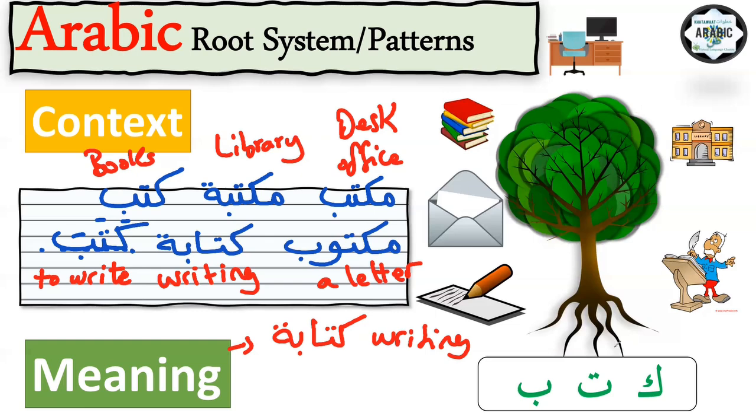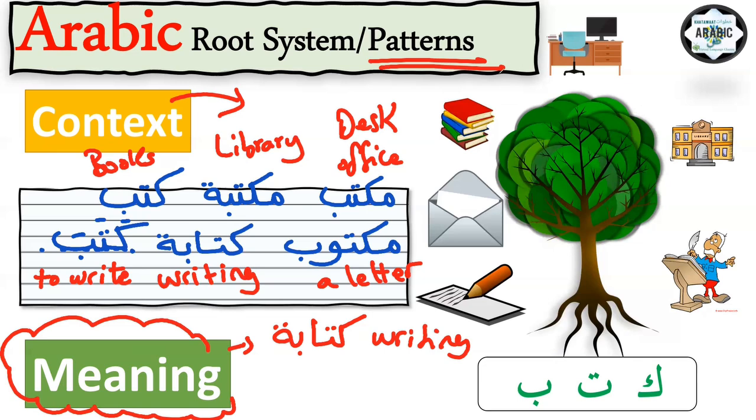The root system, as I was explaining, introduces the meaning. And then when it comes to learning vocabulary, you use the root system to understand the context. The pattern helps us determine whether the vocabulary is an object, a place, like maktaba, or a person, or an action.